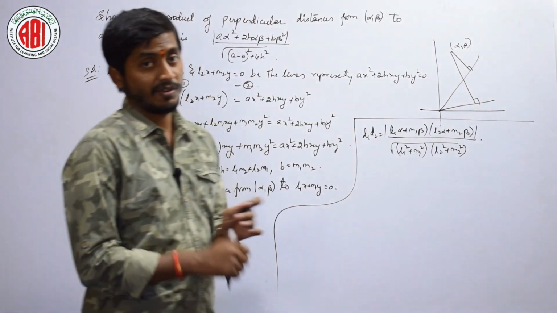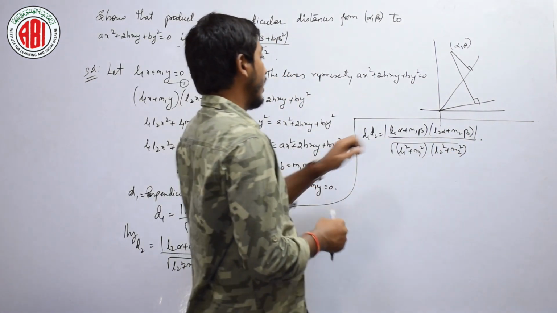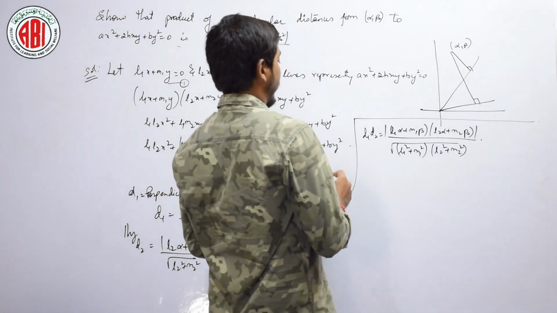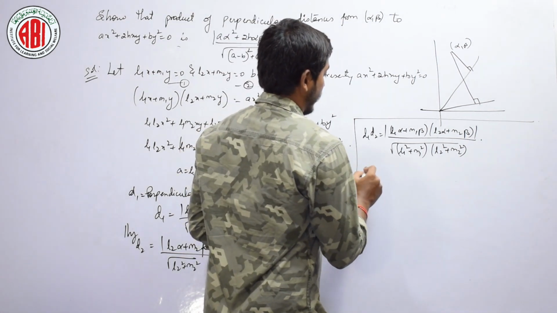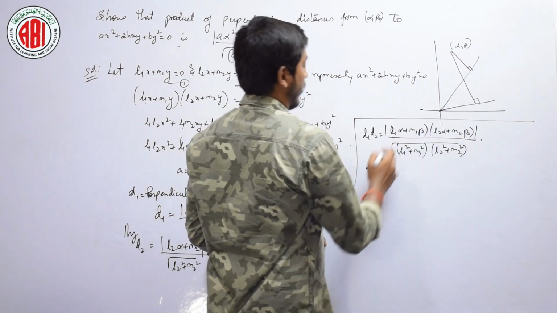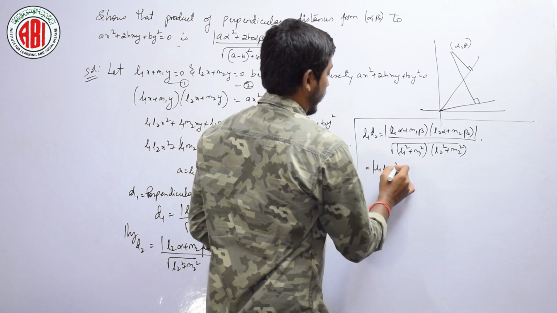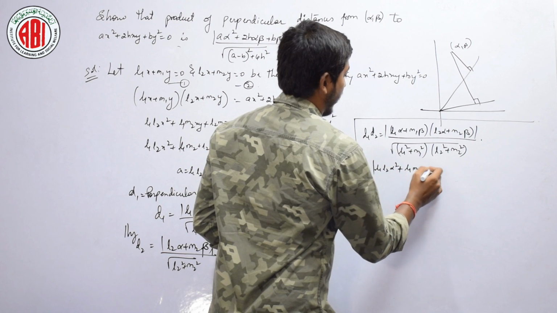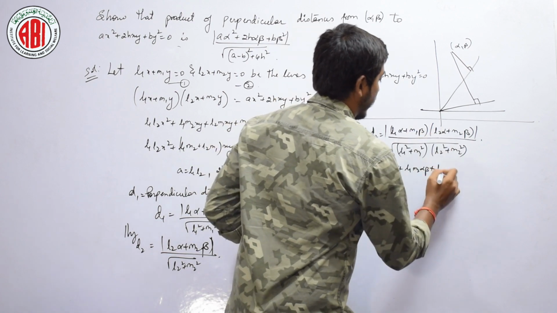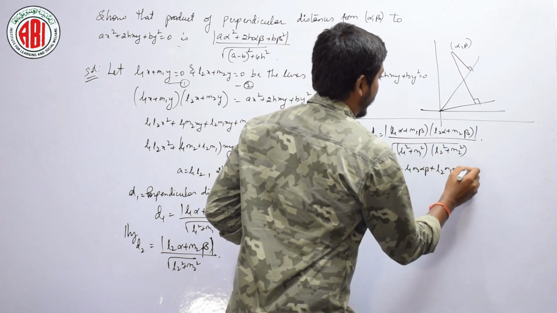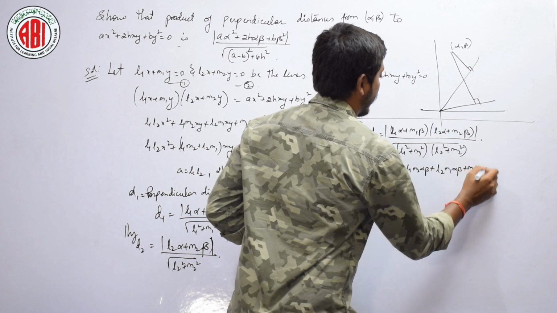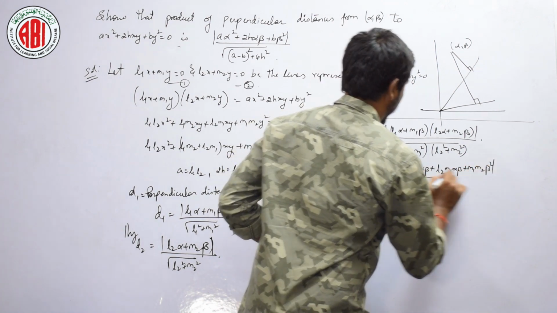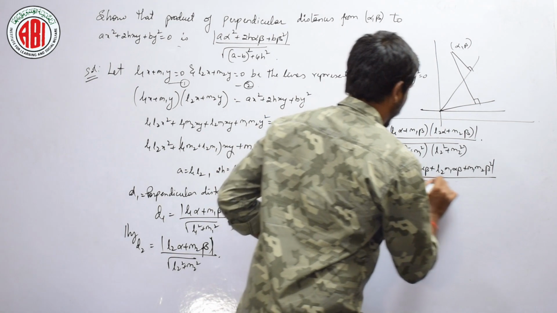Is it right? That is what we have to do. Now, let us multiply each and every term: L1 L2 alpha square plus L1 M2 alpha beta plus L2 M1 alpha beta plus M1 M2 beta square by under root.